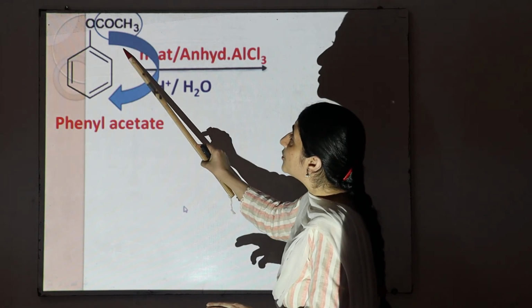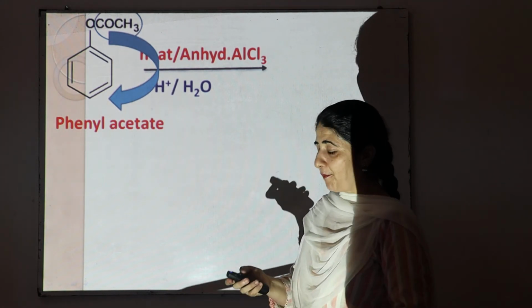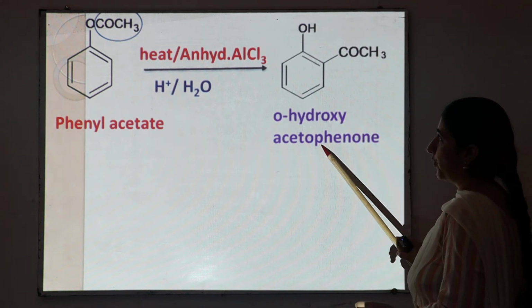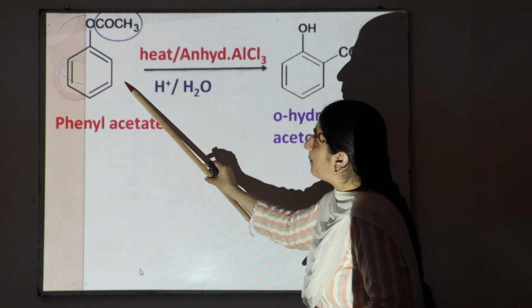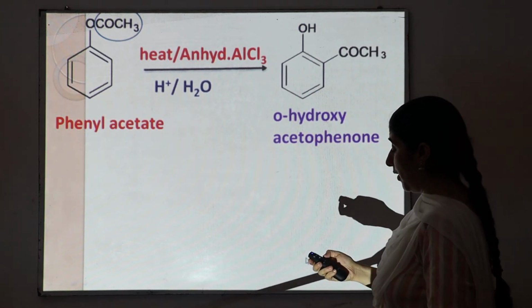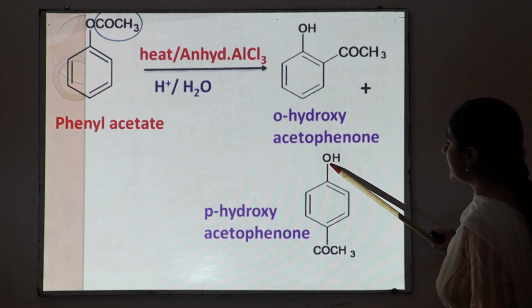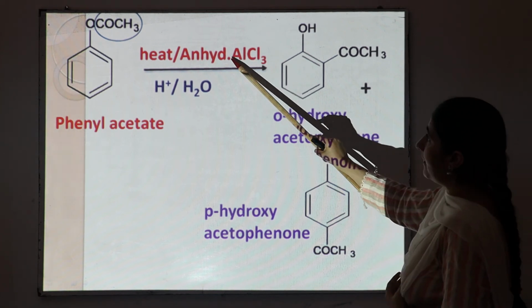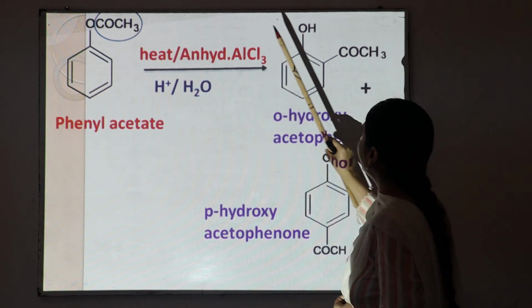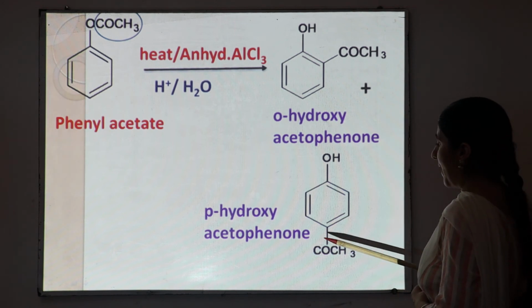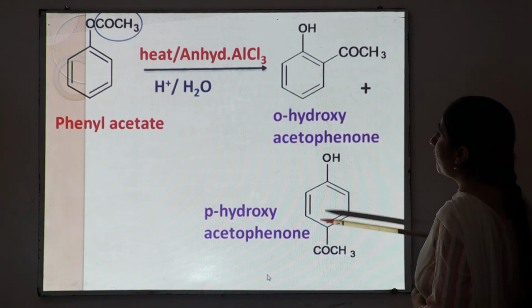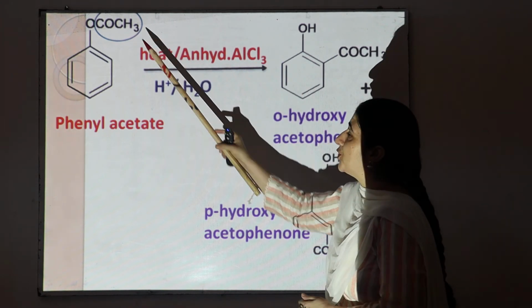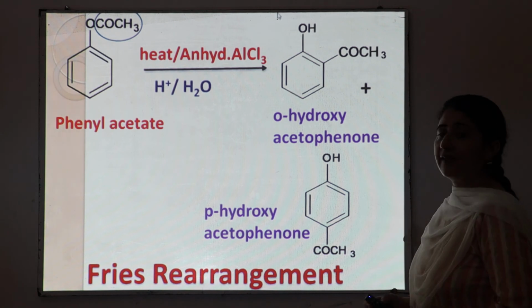When it migrates to the ortho position, we get ortho hydroxyacetophenone. When it migrates to the para position, we get para hydroxyacetophenone. So during this rearrangement, the acetyl group migrates to the ortho or para position, and we get a mixture of ortho and para isomers. This rearrangement is known as Fries rearrangement.